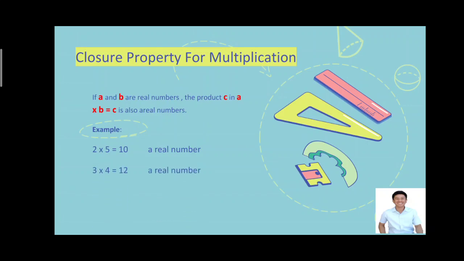Second example, 3 multiplied by 4 is equal to 12, and 12 is a real number. 4 multiplied by 5 is equal to 20, and 20 is a real number. So the products are real numbers.